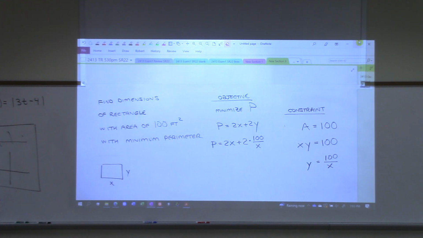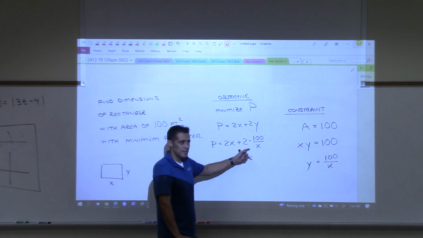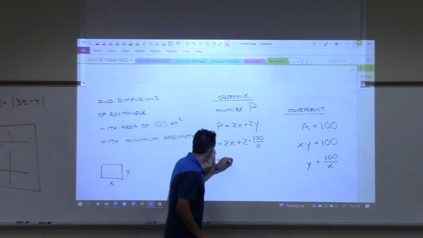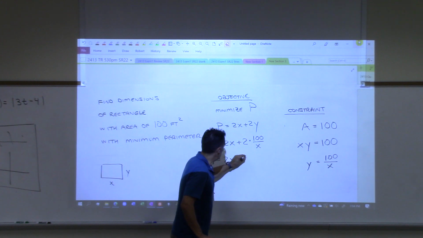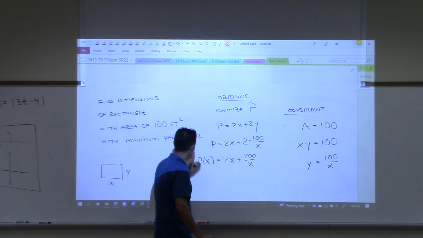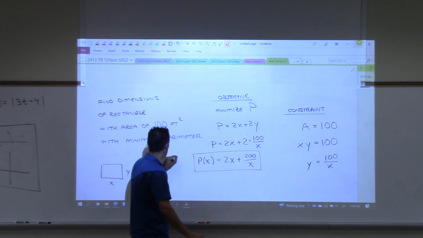Making sense? Let's clean that up. Notice the perimeter has just x's in it now. So my perimeter is a function of x. It is 2x plus 200 over x.